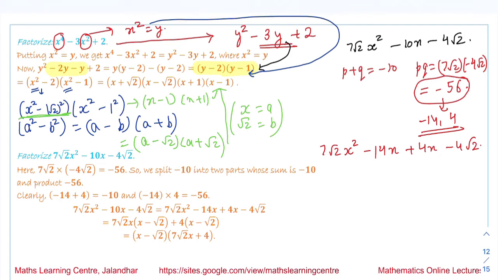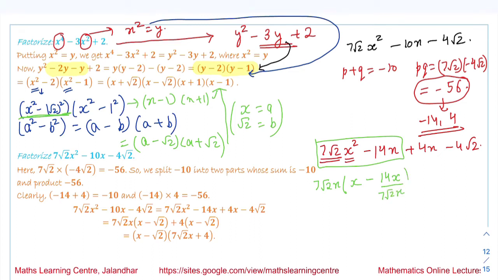So what we are going to do now, we are going to take 7 root 2 x common from this. So when you will take 7 root 2 x common from the first two terms, what we are left with in the first term is x only. In the second term we are writing 14x over 7 root 2 x.